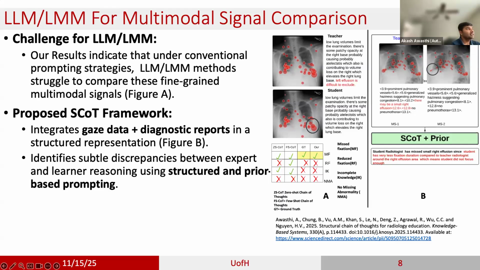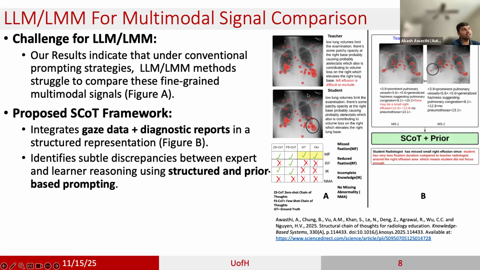But what we found is that if we use LLMs and LMMs to compare the student and teacher data, as you see in figure A, there are three regions we consider for the perceptual error: missed fixation, reduced fixation, incomplete knowledge, or no missing abnormality.